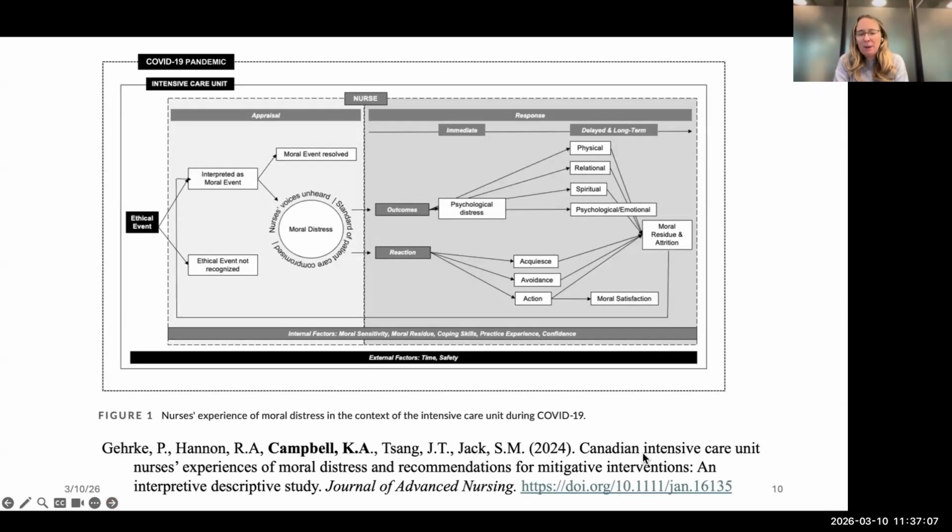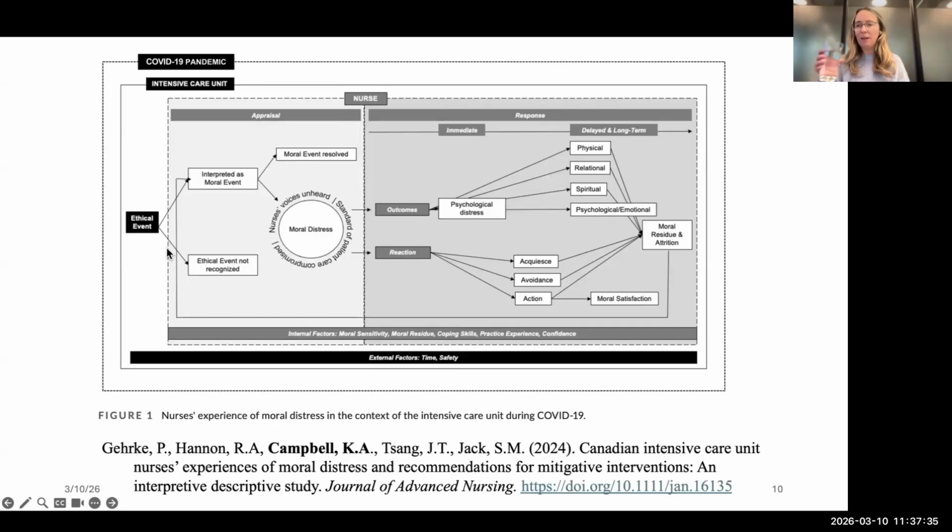Here's another depiction, and this depiction, unlike the previous ones, is really about the findings. This is Paige Gerke's work that she did with us on intensive care nurses who were experiencing moral distress during the COVID-19 pandemic. What she was really finding in the research was that there was some sort of ethical event.